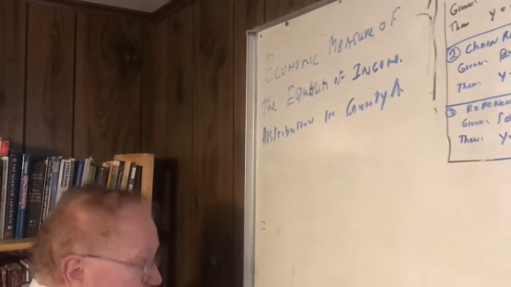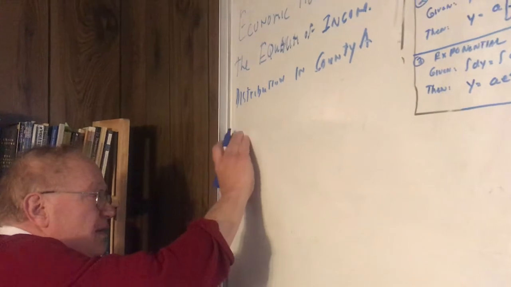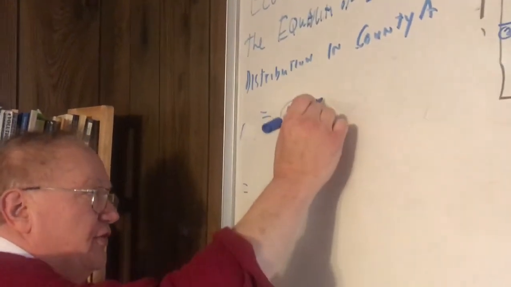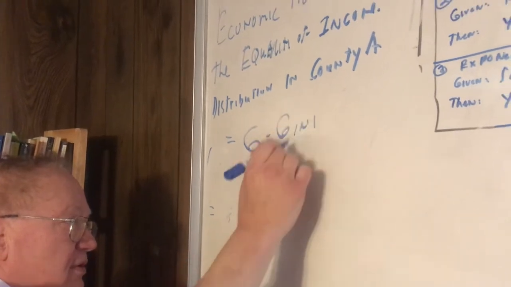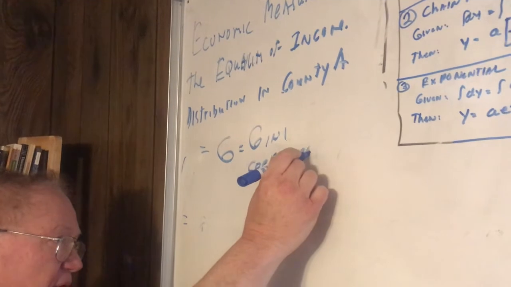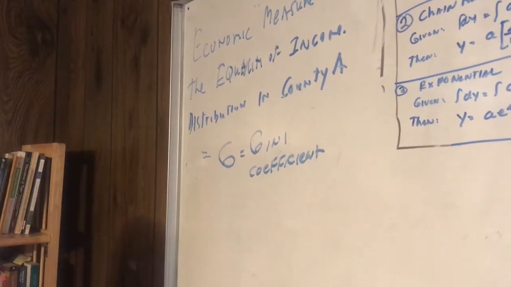All right, so what do we know about County A? This is called something called G. You measure this, it's the Gini coefficient. And that is a measure of income equality.